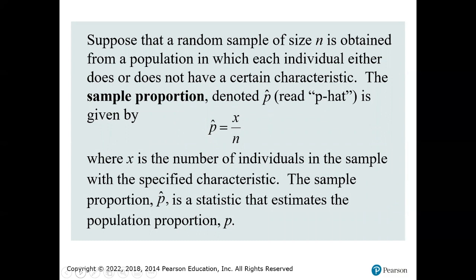So it's just giving me a fraction of how many out of how many total have a certain characteristic, which we can then translate into a decimal and/or a percent. The sample proportion p hat is a statistic that can be used to estimate the entire population proportion p.